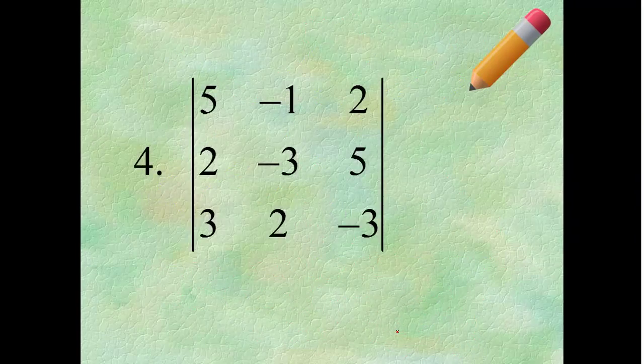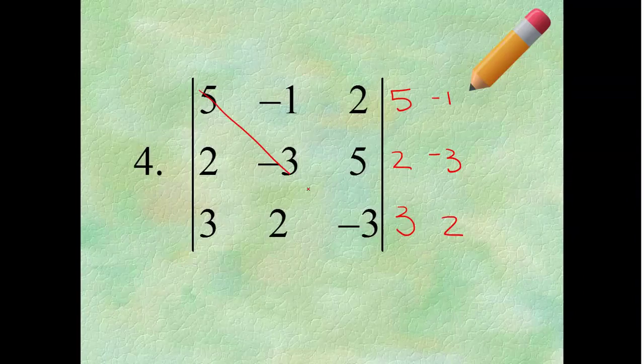Let's try it again. So let's find the determinant. I do need to rewrite. So I'm going to have 5, 2, 3, -1, -3, and 2. So draw my lines in. 5 times -3 times -3. Well, I know that's 45, right? -1 times 5 times 3, that's -15.